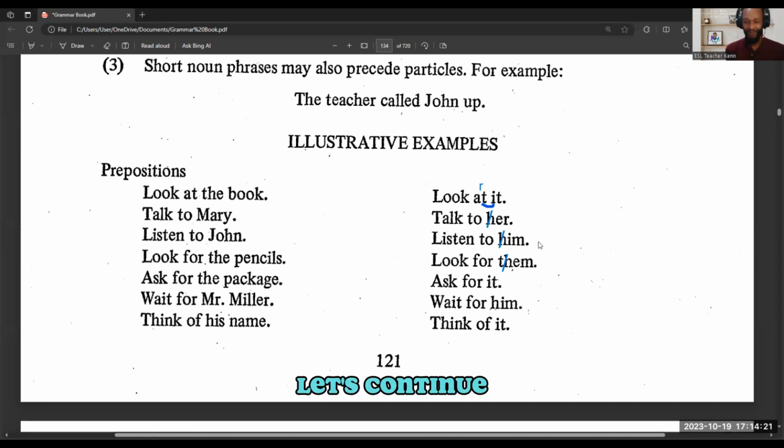Let's continue. Ask for the package. Repeat. Again, ask for the package. Ask for it. Again, ask for it. Wait for Mr. Miller. Again, wait for Mr. Miller.